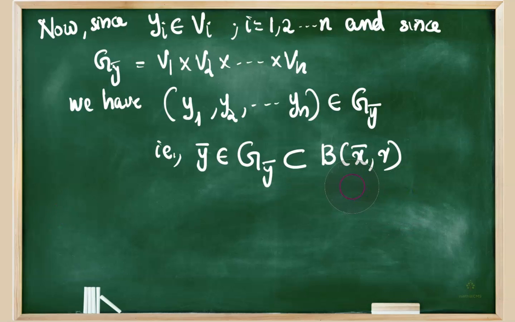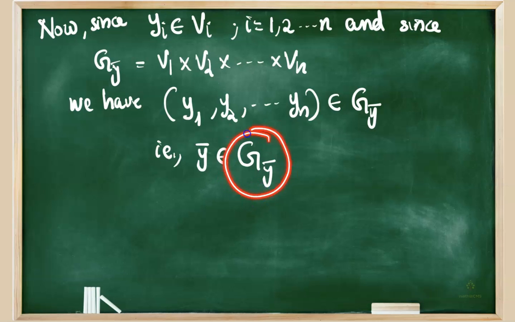For that purpose, let us consider an arbitrary point from this set G_ȳ. Let z̄ be a member of G_ȳ.